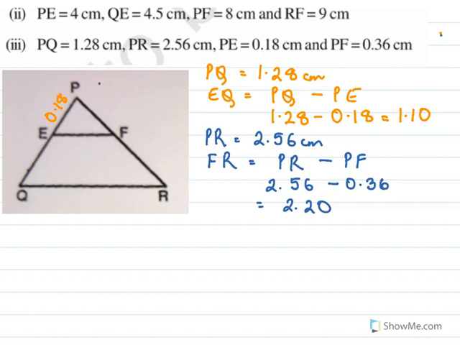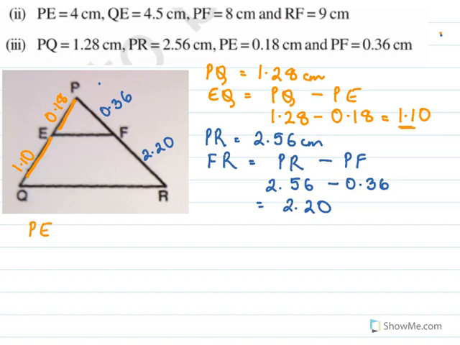Now to go back to the sum, now we know that PE is 0.18, EQ we have found out as 1.10, and on the other side FR we found as 2.20 and PF is 0.36. Now we can go ahead and find the ratios. First let us find the ratios of PE over EQ.